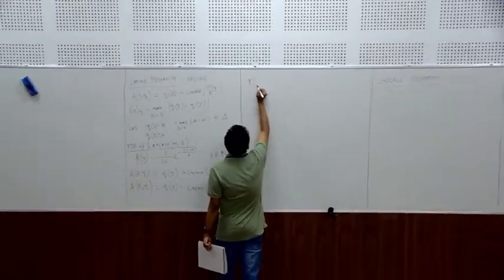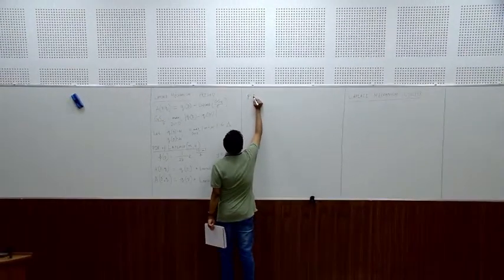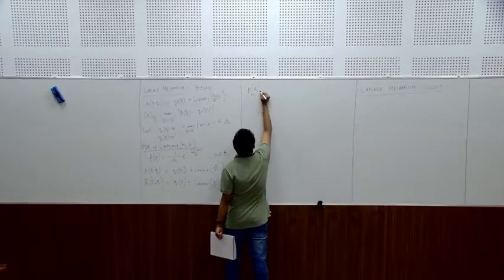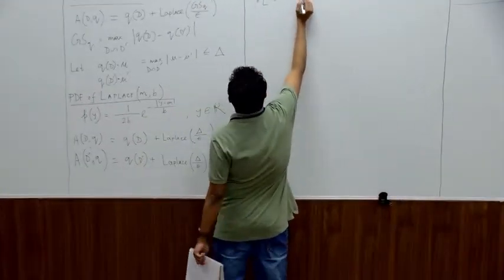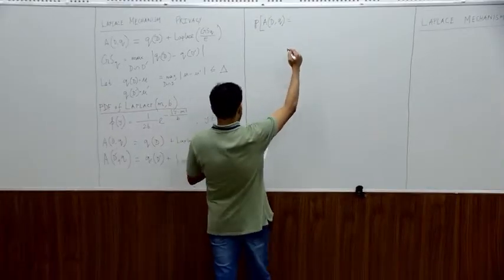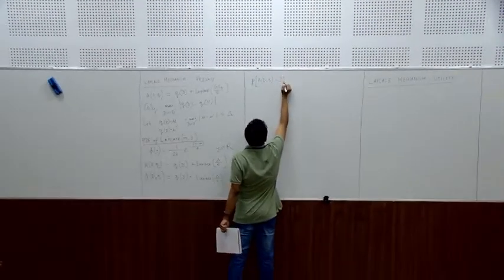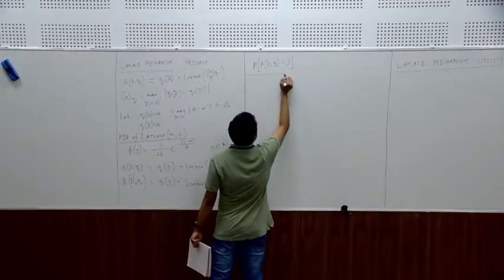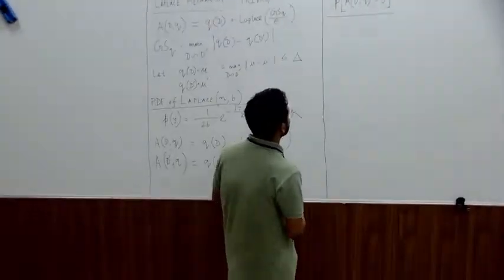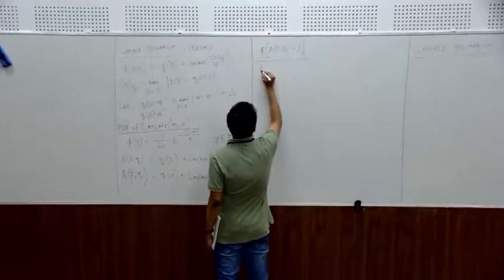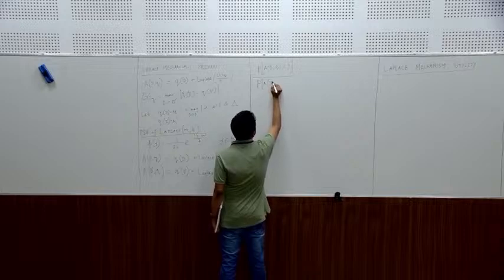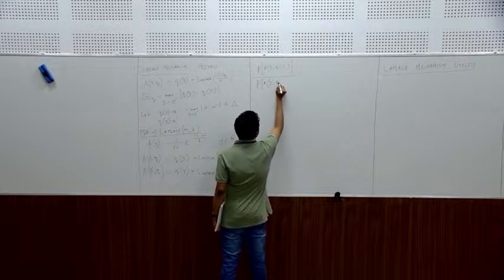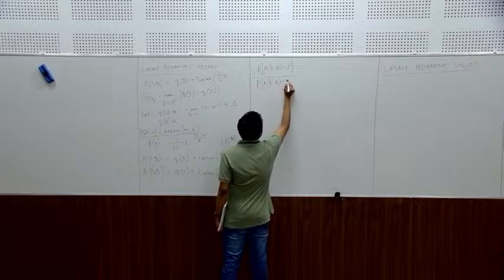Take the probability for the mechanism, the algorithm A, when input is d and query is q. What is the probability of A(d, q) equal to some output y, and we divide it by the probability of the algorithm A with data set replaced by d dash, q, equal to y.